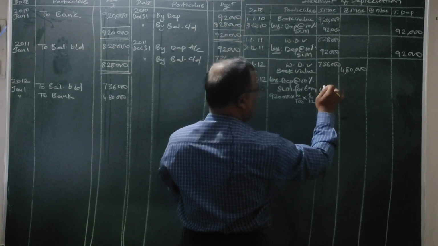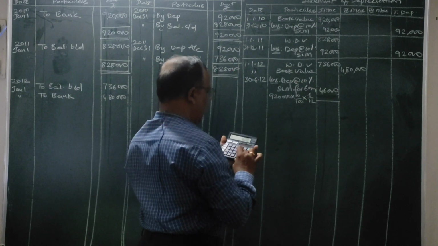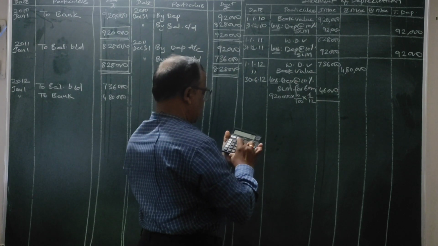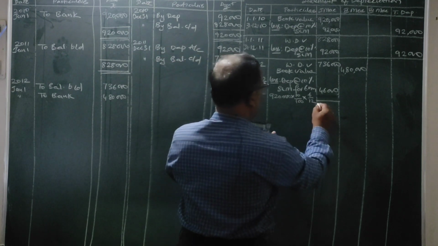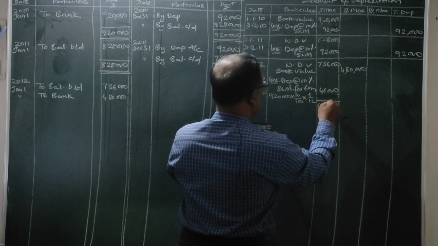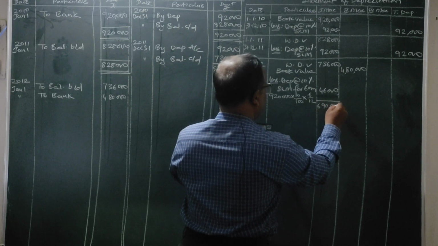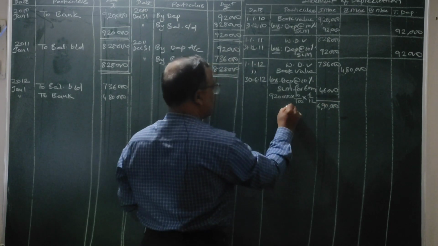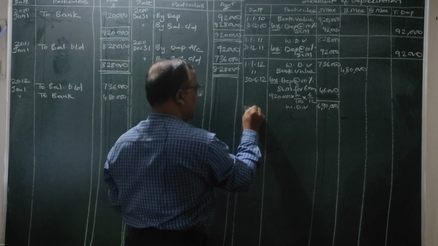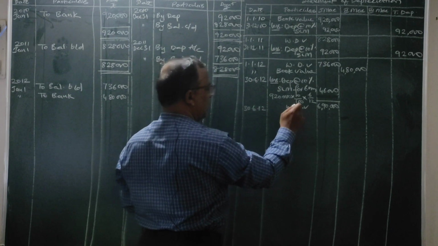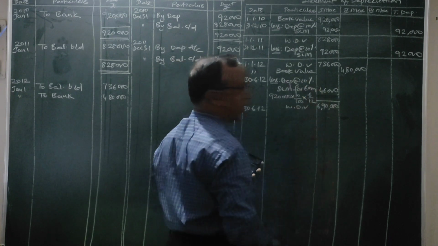So if you subtract 46,000 from 7,36,000, how much will it be? It will be 6,90,000. That means this is the written down value on this particular date, that means on the date of sale. The value of this machine is 6,90,000.